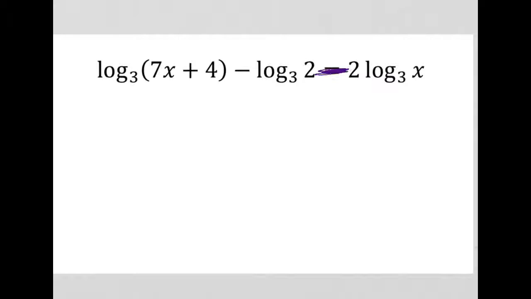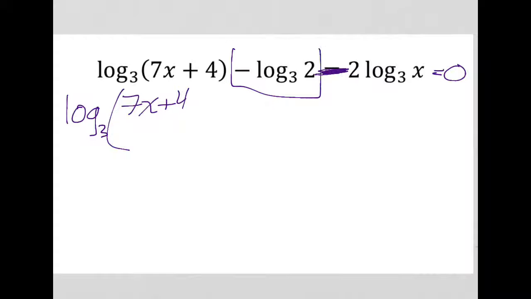So let's make that a big minus sign, and we'll say equals 0 there. Now I'm going to compress this to get log base 3 of 7x plus 4. And then notice I have minus log base 3 of 2. So that's going to give me a 2 in the denominator there. And then I have minus 2 log base 3 of x.